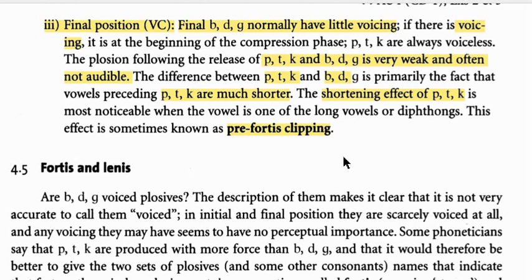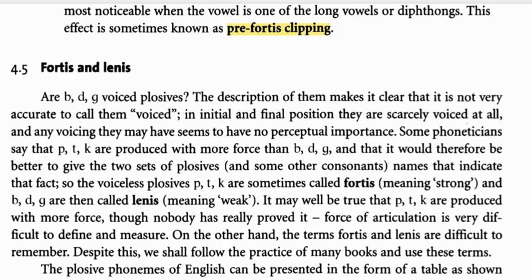The a in bat is somewhat shorter than the a in bag, so it's called pre-fortis clipping. So this will lead us to the final subject in this chapter, which is the fortis and lenis.